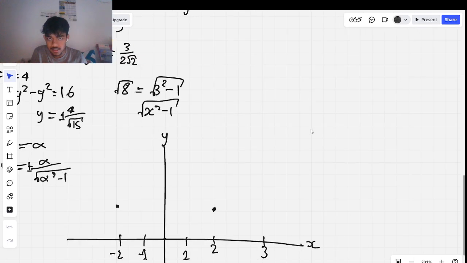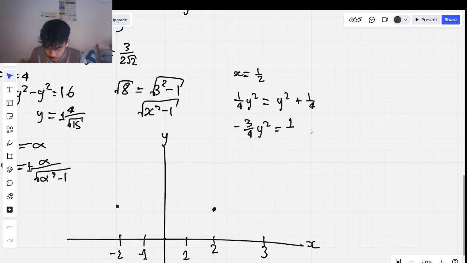For instance, let's say x is equal to half. It means a quarter y squared is equal to y squared plus a quarter, which means that, this is going to be a negative number, minus 3 over 4 y squared is equal to a quarter.